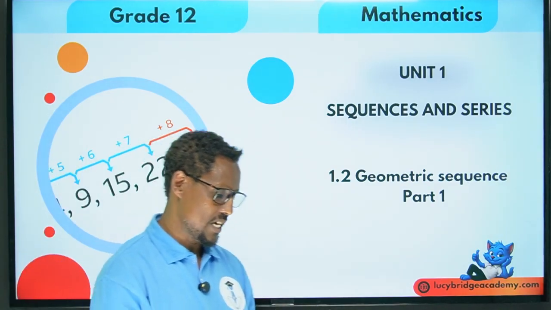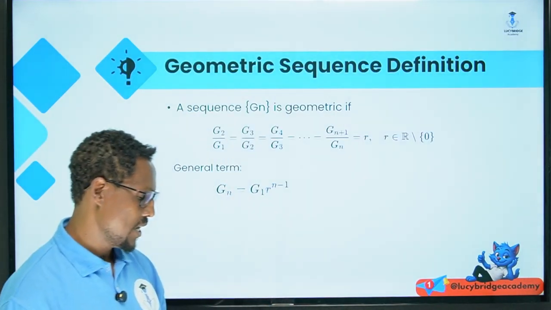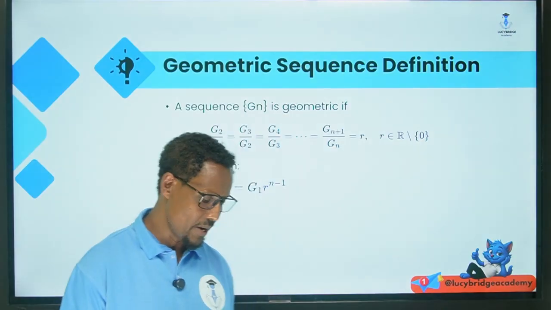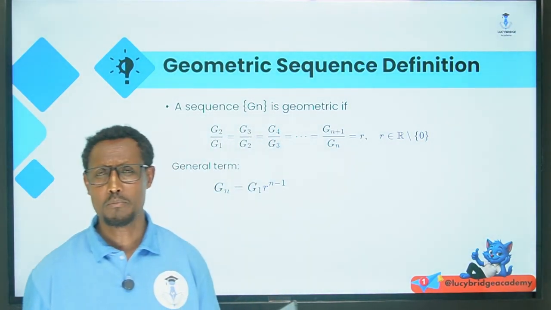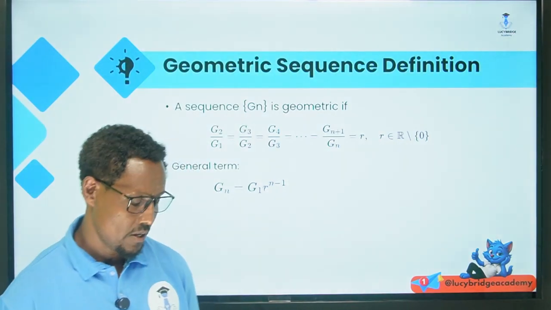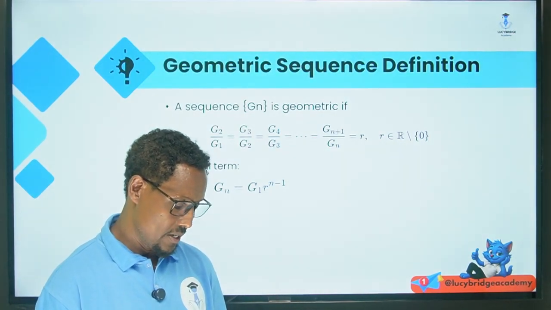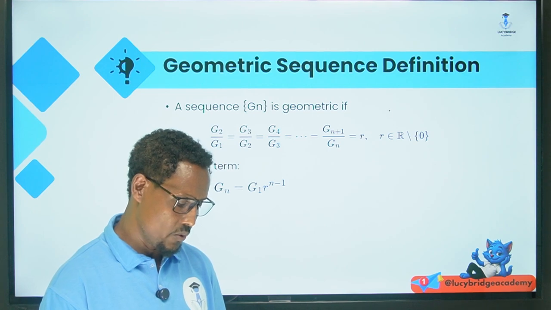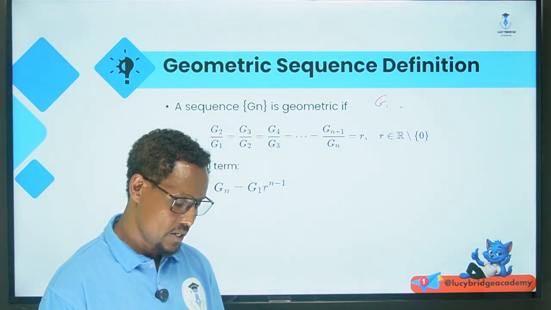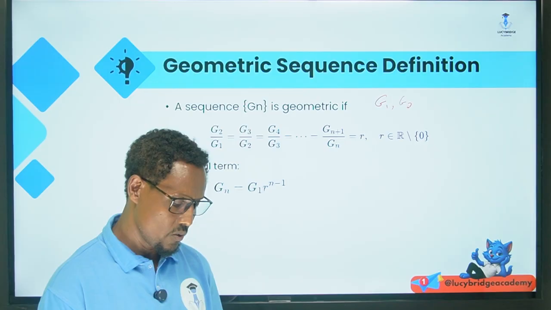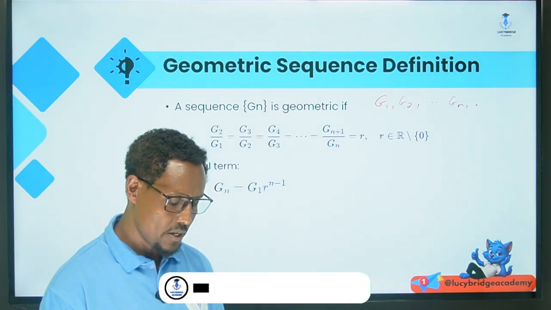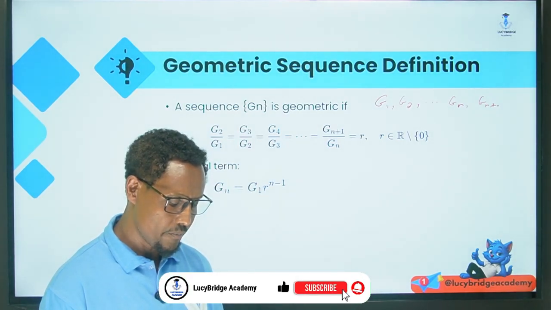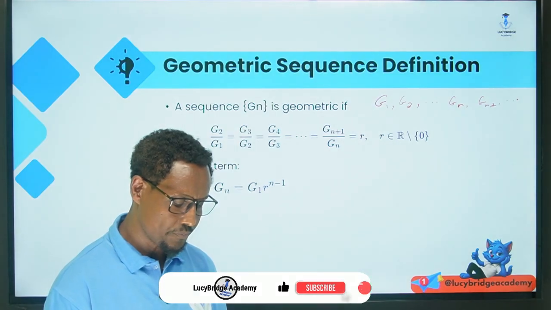Now let me see geometric sequence, okay? Geometric sequence. It is a sequence where the ratio of consecutive terms is constant, okay? Assume the terms are G1, G2, G3, G4, G5, and it continues Gn, Gn plus 1 and so on.